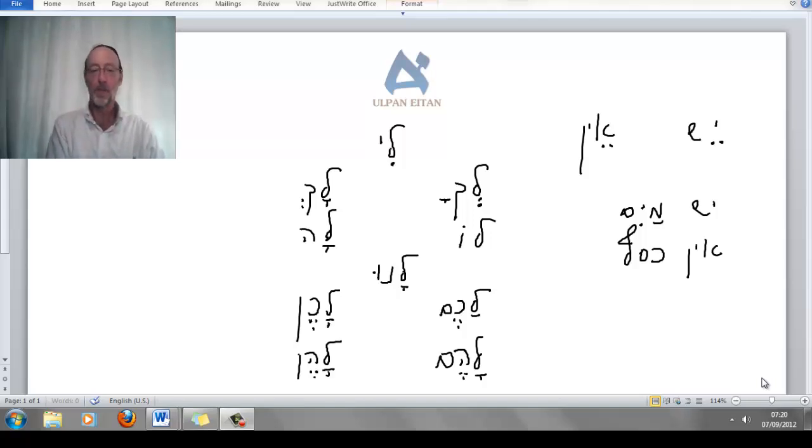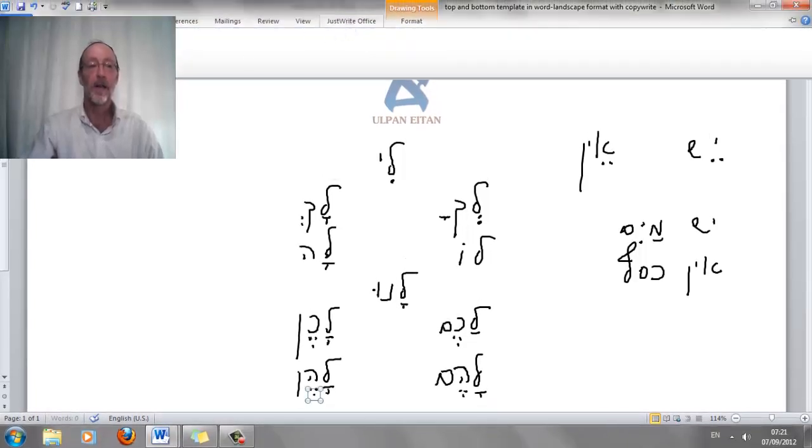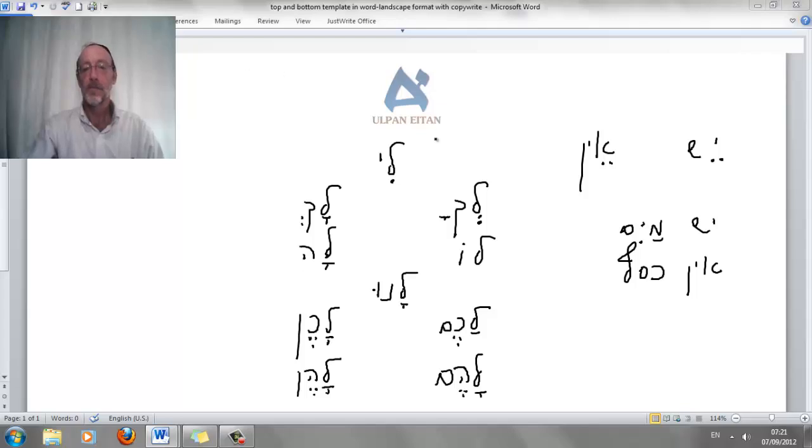And the definitions of these words would be, Li would be to me / for me. If that sounds a little redundant for you, you're just going to have to learn that in Hebrew, this word can have both connotations.